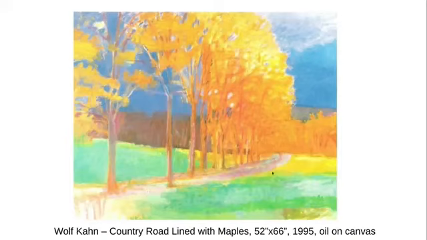And it does this kind of flattening here, where this part in the distance pushes forward. We have purples throughout, complementary colors to the yellow.